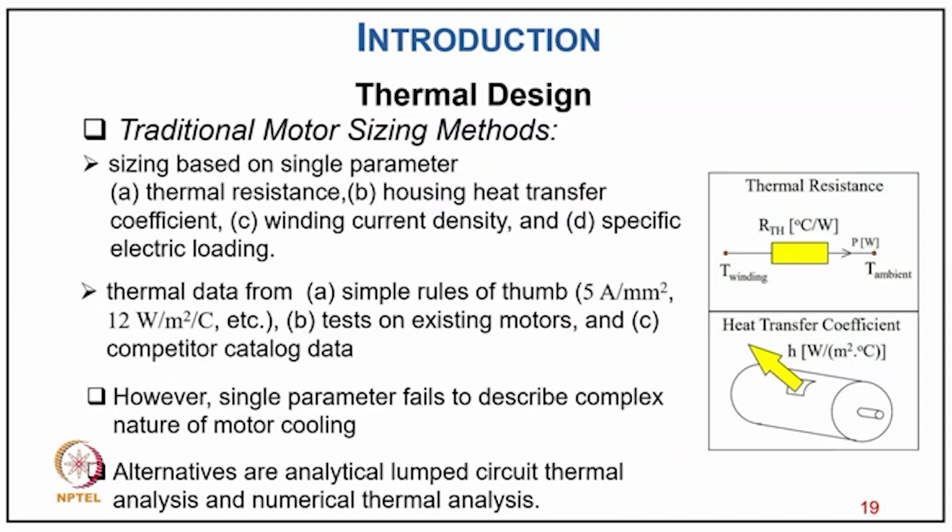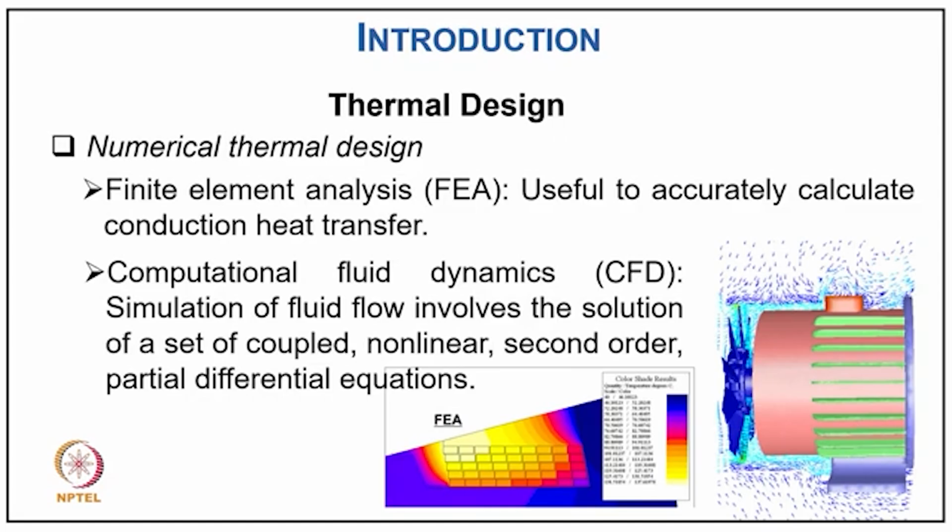A single parameter fails to describe the complex nature of motor cooling. The alternatives are analytical lumped circuit thermal analysis and numerical thermal analysis. It depends on how you take the heat flow from the winding to the ambient temperature through thermal resistance.